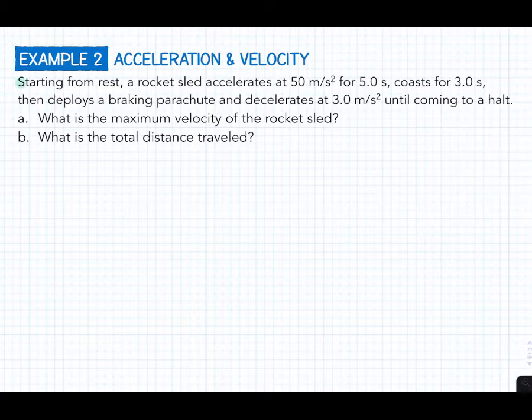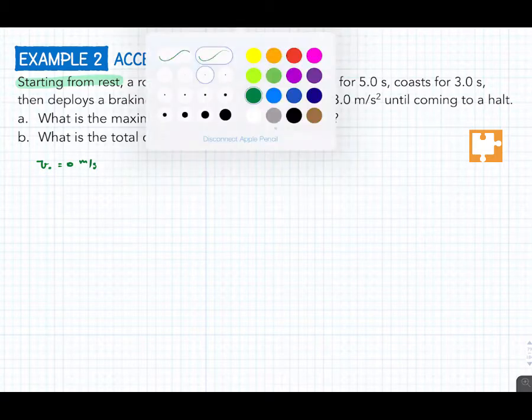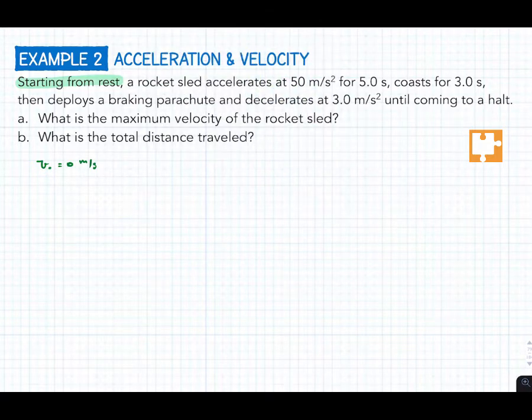Yeah, starting from rest means that we can assume that our initial velocity, right? Velocity initial is equal to 0. Okay, 0 meters per second. And then it accelerates for 50 meters per second squared for 5 seconds. Okay, so we could say for time interval 1, let's call this phase 1.